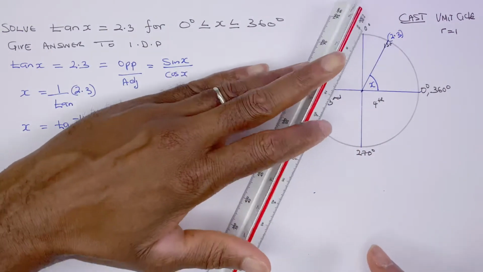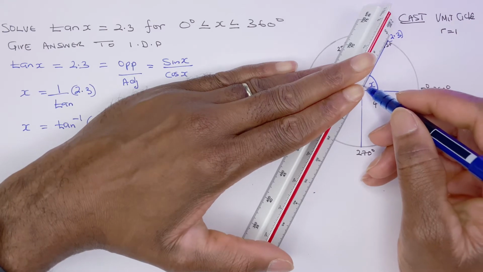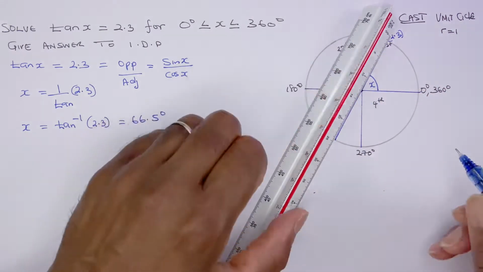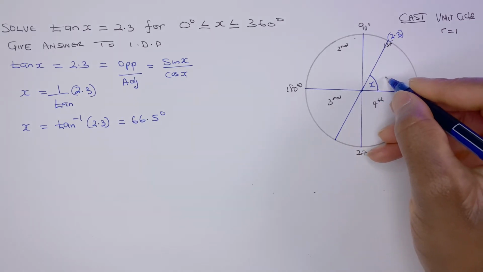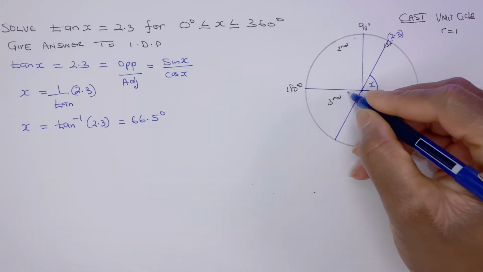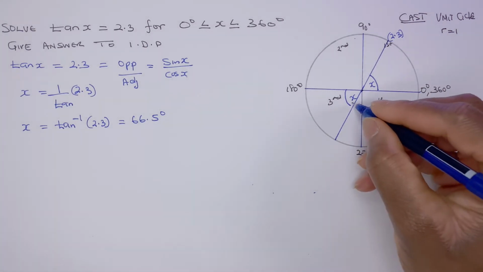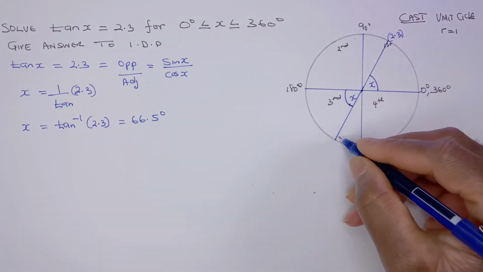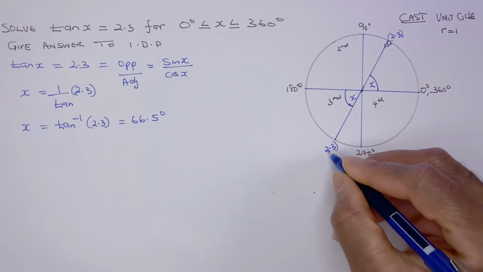If we extend that line up to that point here, that will be, again, vertically opposite angles are equal. So that will be x in that sense. And so tangent will be 2.3, so it'll be positive.